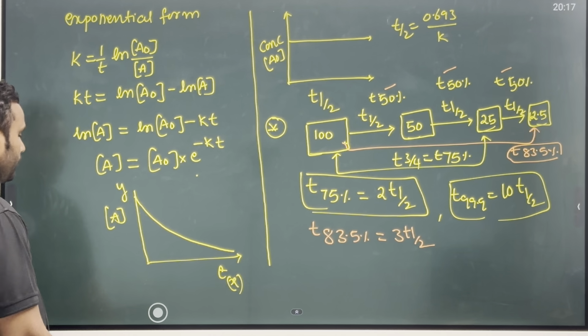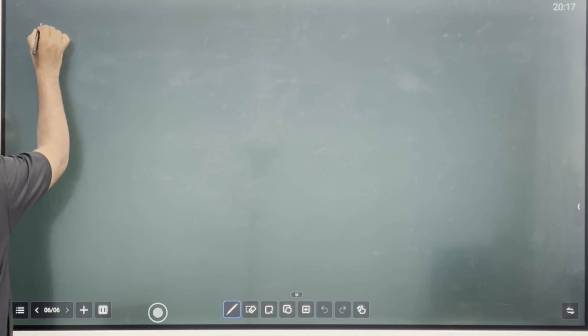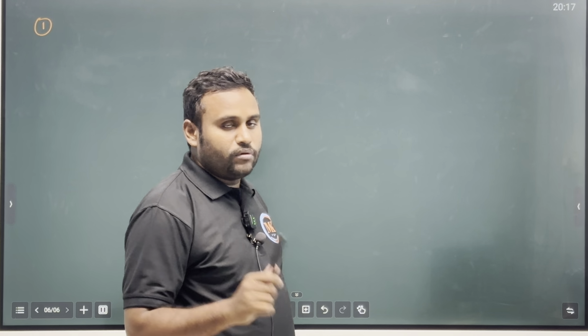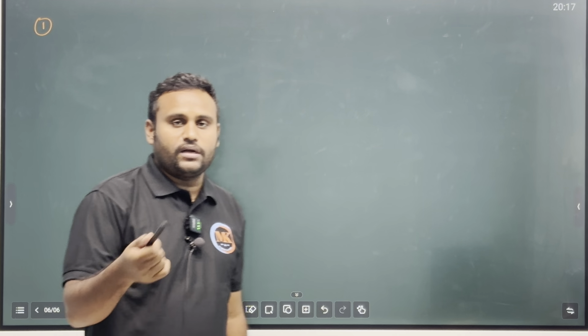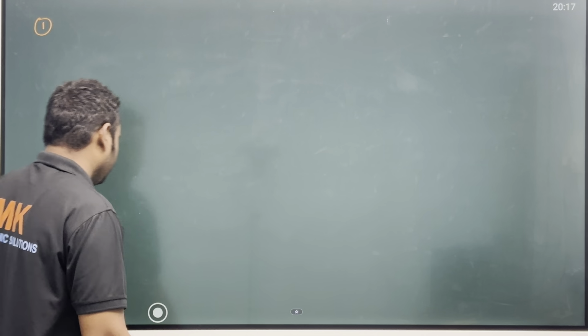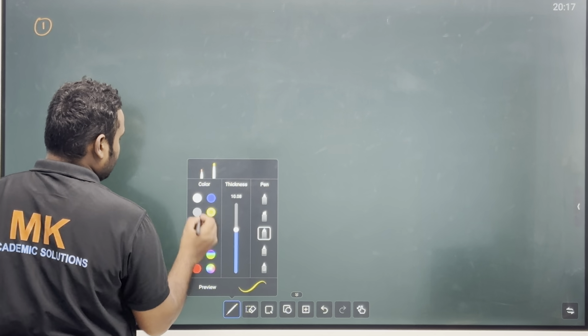And one more important point here children, that is, in first order reaction, the amount of reactant left after equal time intervals forms a geometric progression. Okay. See how it is.